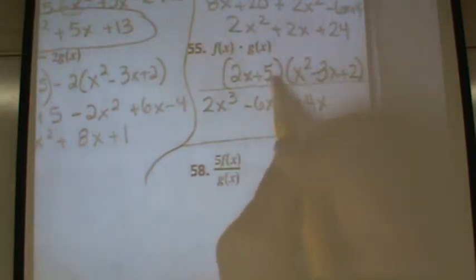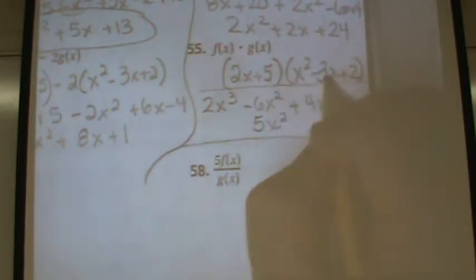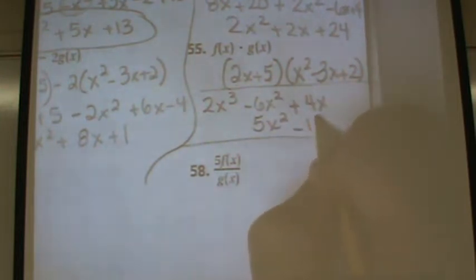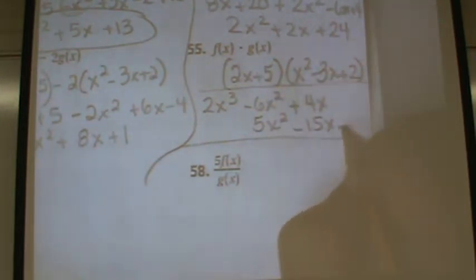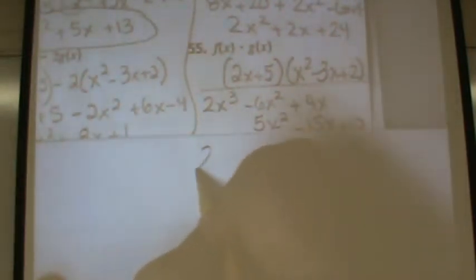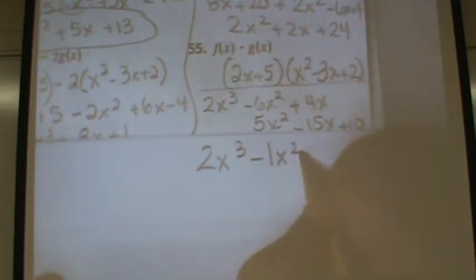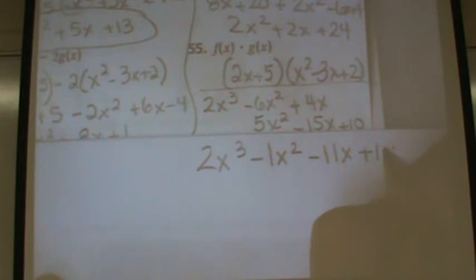And then you're going to do 5 times x squared, 5 times negative 3x, and 5 times 2. If you add these up, you get 2x cubed minus 1x squared minus 11x plus 10.